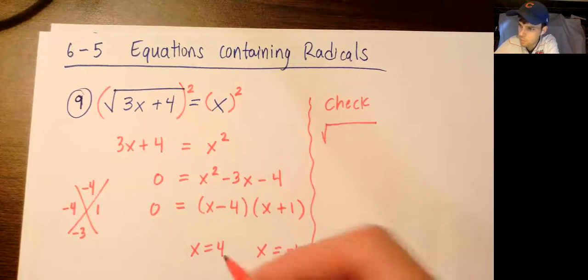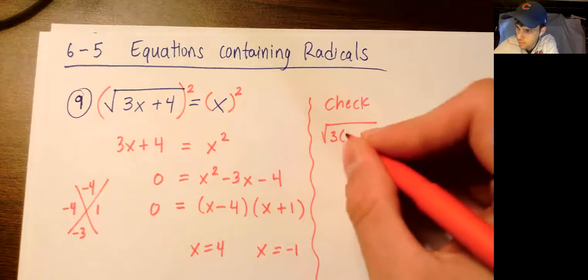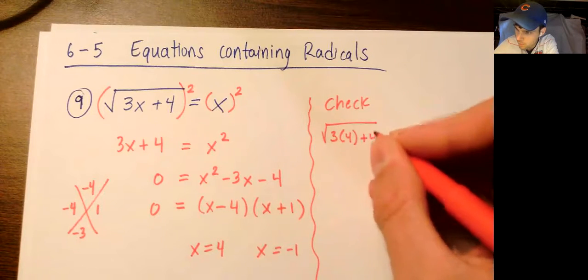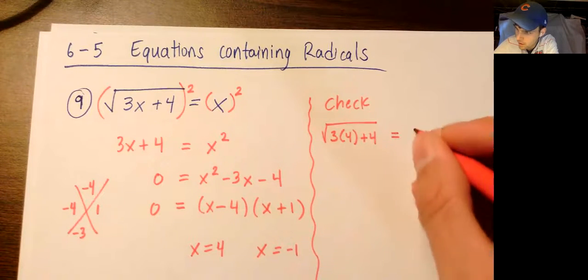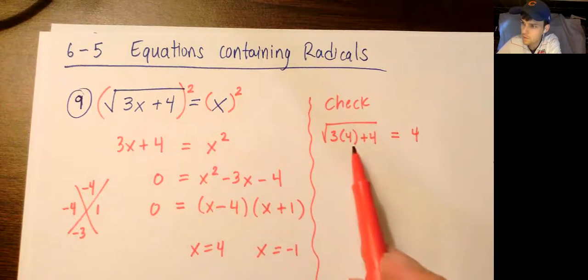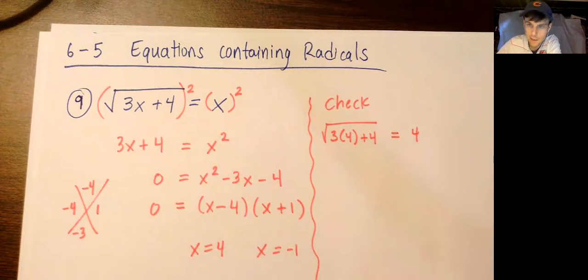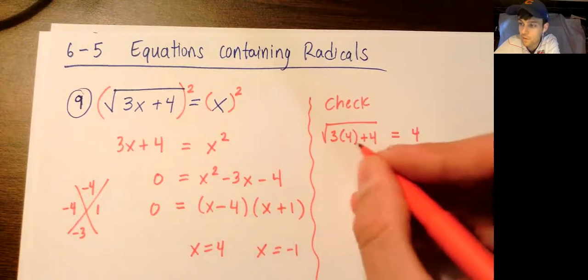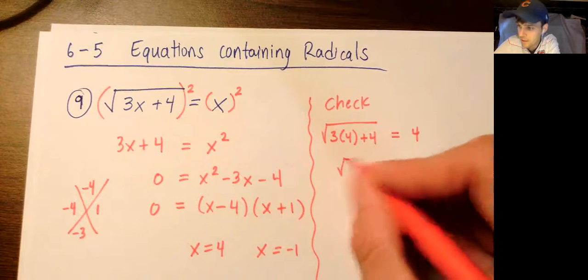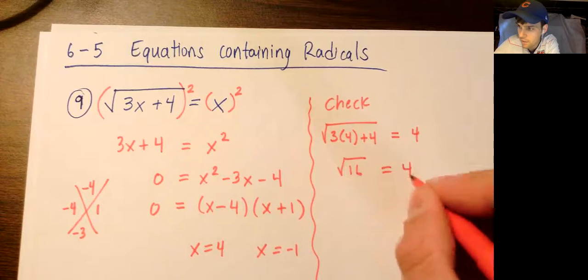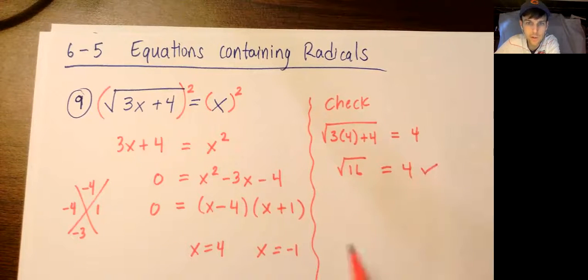I'm first going to plug in 4. So 3 times 4 plus 4 is equal to x, which is 4. I plugged it in for the two x's, and now I'm going to evaluate this. 3 times 4 is 12, plus 4 is 16. Yeah, this works out. The square root of 16 is 4, so this solution's good.